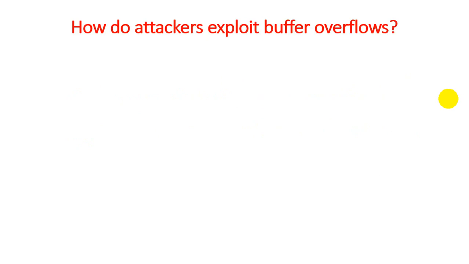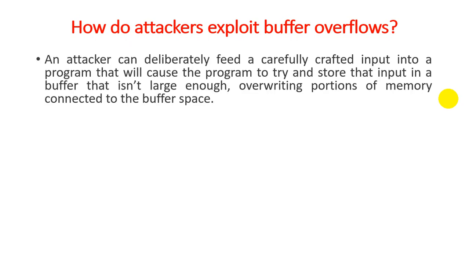Now, the important thing to know is how attackers exploit the buffer overflow, because if we know the different things performed by hackers, then we can easily prevent this kind of attack. An attacker can deliberately feed carefully crafted input into the program that causes the program to try and store the input in a buffer that isn't large enough, overwriting portions of memory connected to the buffer space.